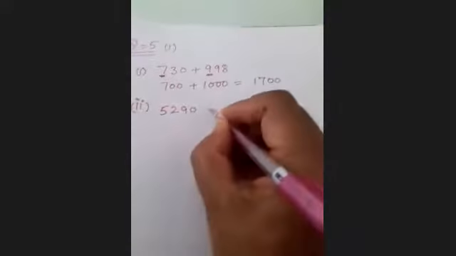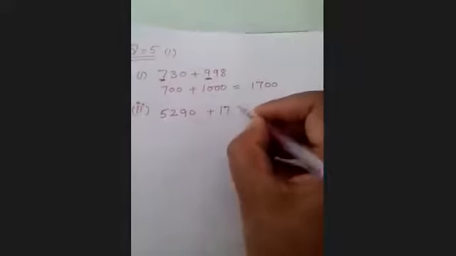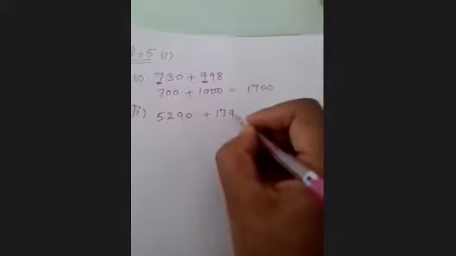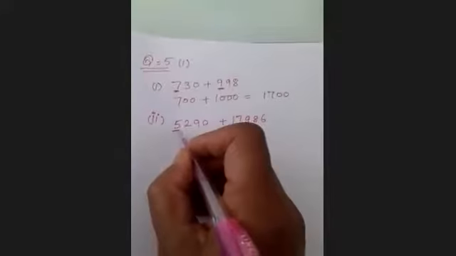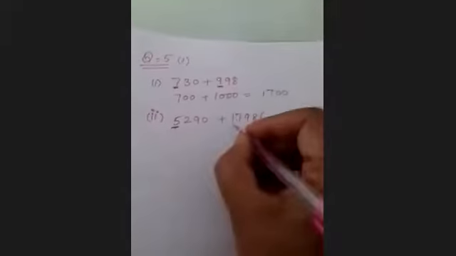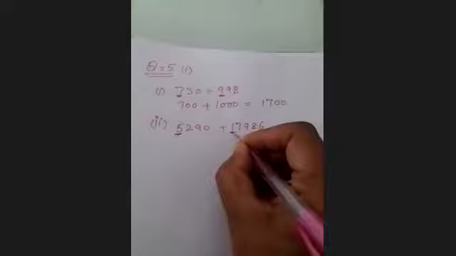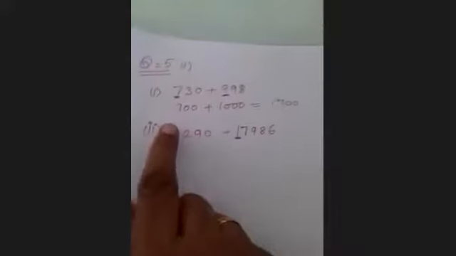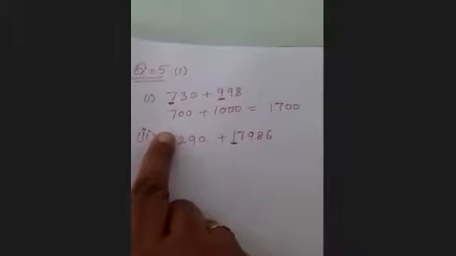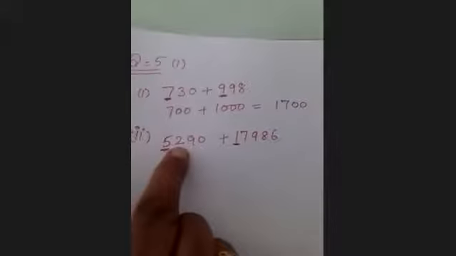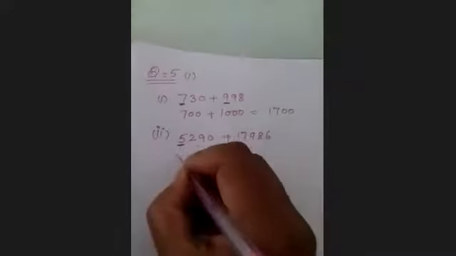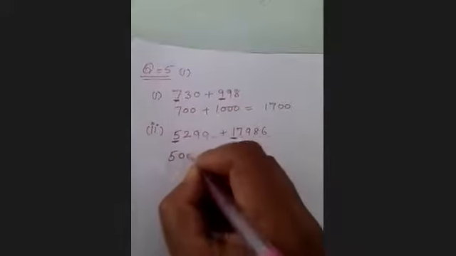5290 plus 17,986. Now our greatest place in the first is 5 and in this one it is 1. Put your finger on this number and observe the next number. Next number is 2, so the nearest value will be 5000.